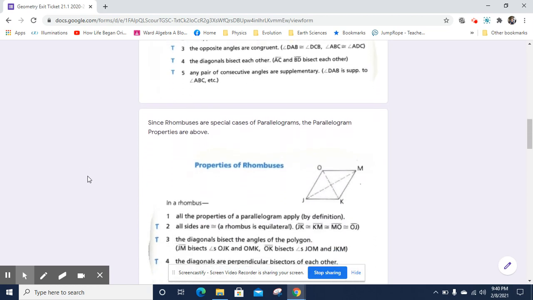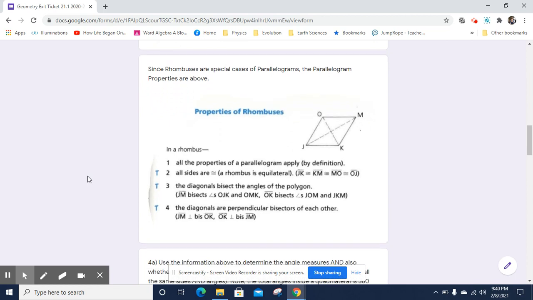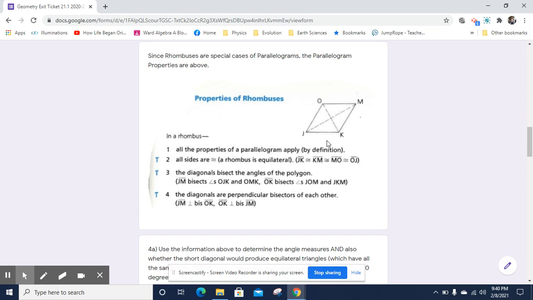And then for rhombuses, all the properties of a parallelogram apply by definition, and all sides are congruent. A rhombus is equilateral. It's like a squished square. The sides are all the same, just the angles are not necessarily right angles.